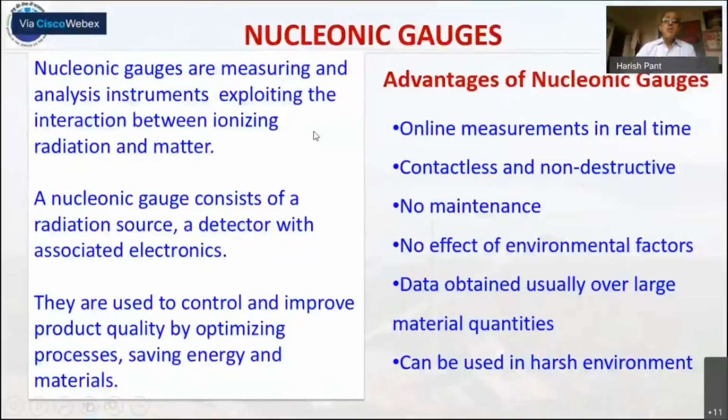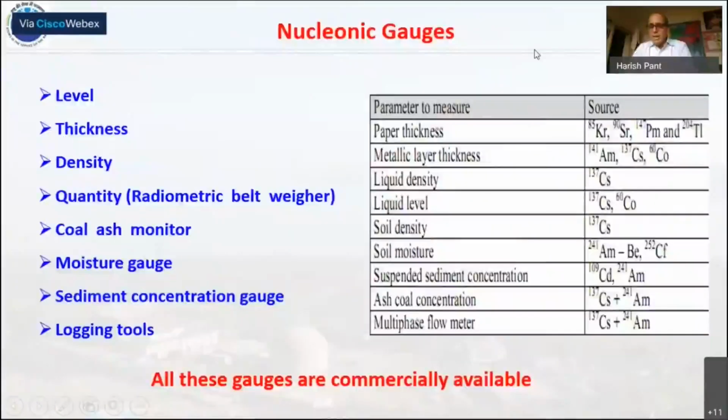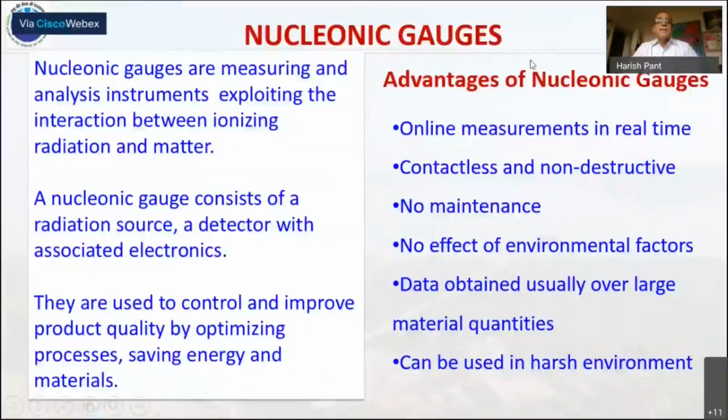Now, the last application which we'll be discussing today is the nucleonic gauges. Nucleonic gauges are measuring and analysis instruments exploiting the interaction between ionizing radiation and matter. As I told you in the beginning, all these field source applications are based on the attenuation or the interaction of the radiation with matter.